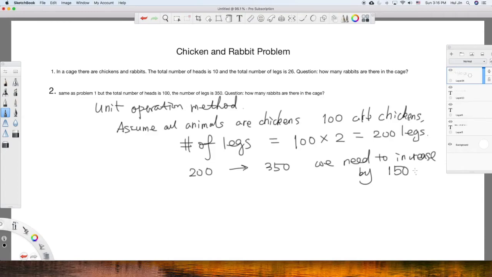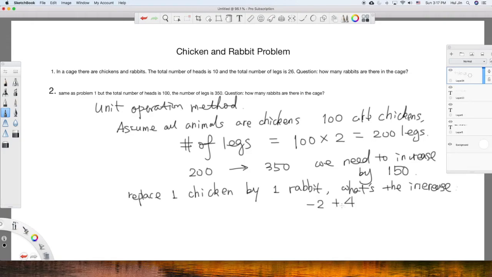How are we going to increase? Of course we know it is by replacing chickens with rabbits. But replacing one chicken by one rabbit, what's the increase? It's minus 2 plus 4.